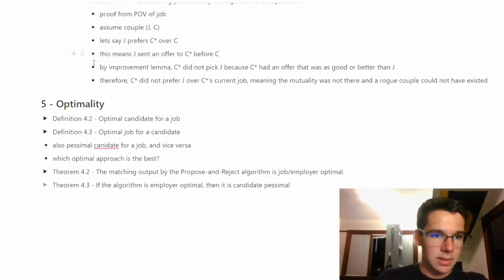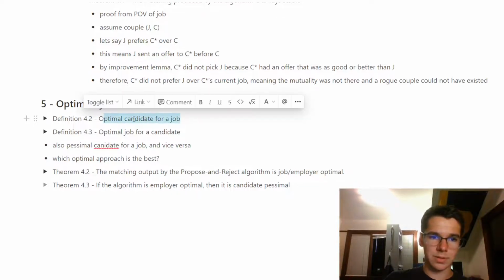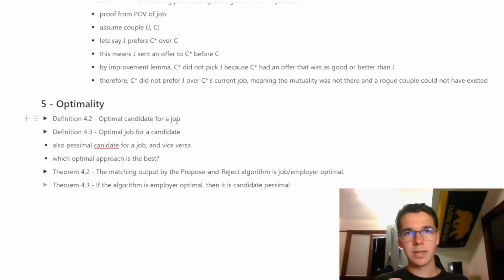Okay. So now we're going to move on to optimality. And what does it mean to be optimal? Well, we can take the point of view of two sides. We can make the algorithm optimal for jobs in the sense that the optimal candidate is picked for every job.